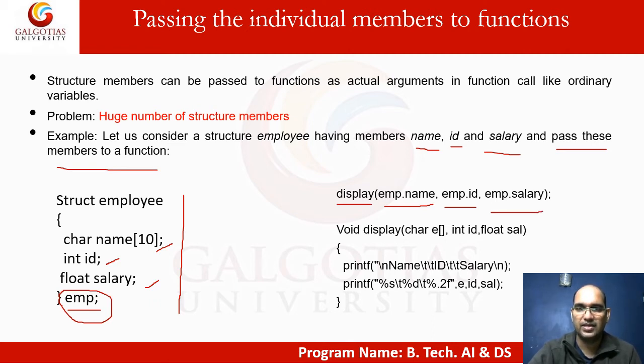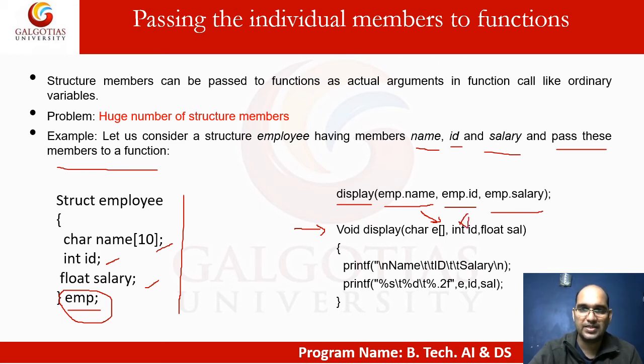So what we have done is we have passed these 3 values to the function, and this is the function call, right? And this is the function definition. In the definition, the first one is the EMP name. Name is actually an array of characters, so we have to explicitly tell that char E is of type character array. Second one is the EMP ID. EMP ID is int, so we have to tell that this is int.